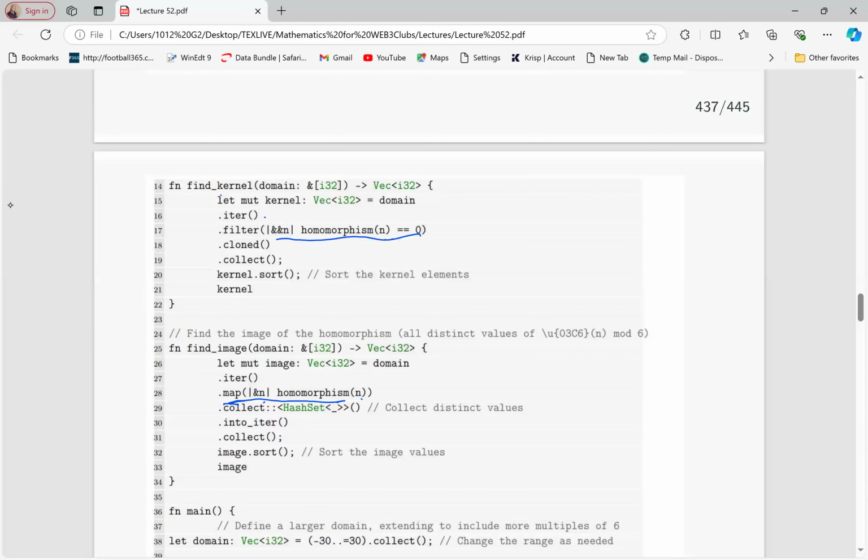This one, we want to see where n is mapped to. So you go back to the homomorphism there and see where n has been mapped to. You collect those which have been mapped to. There's this hash set to ensure that you're not collecting an element twice. If it's already collected, you don't collect it again. That's why you have the hash set.